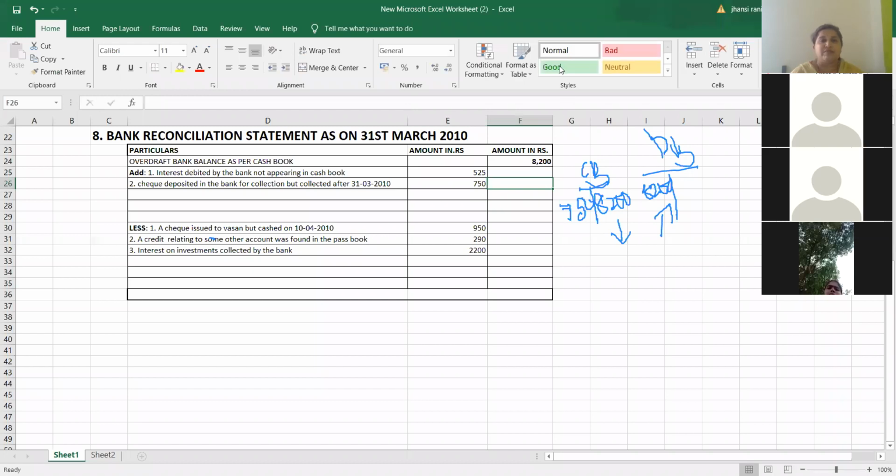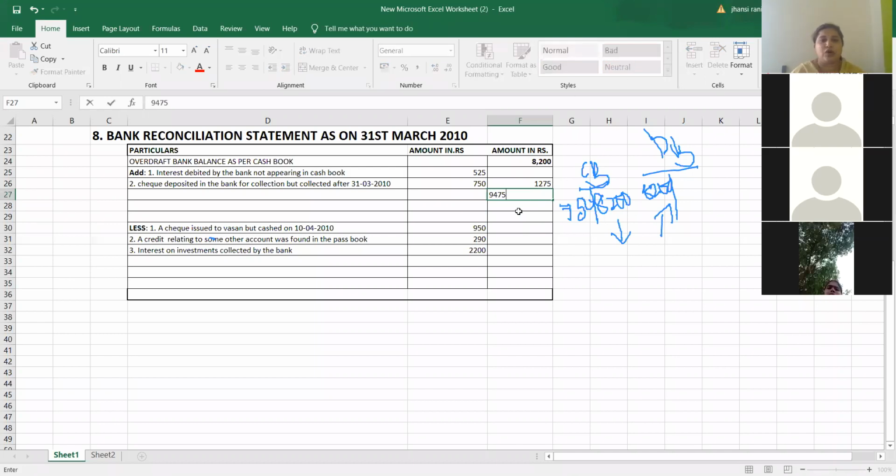525 plus 750 comes to how much? Yes, 1275. Okay, so here it's 1275. And when you add both of these, 8,200 plus 1275, I think 9,475.